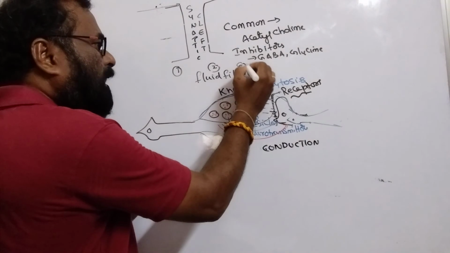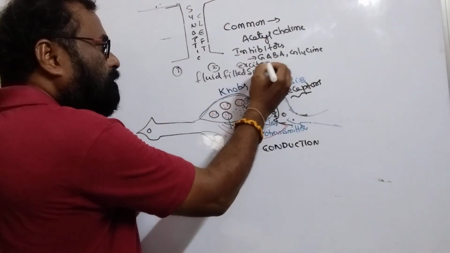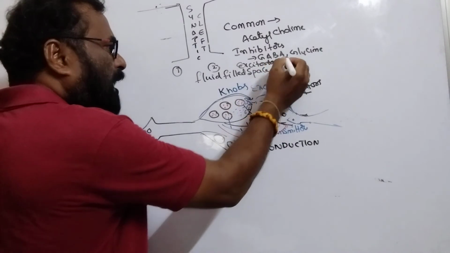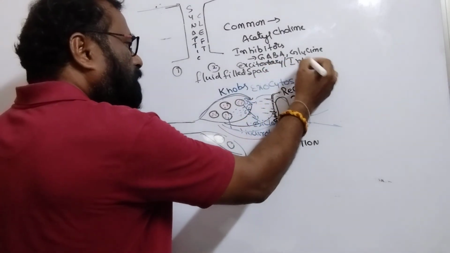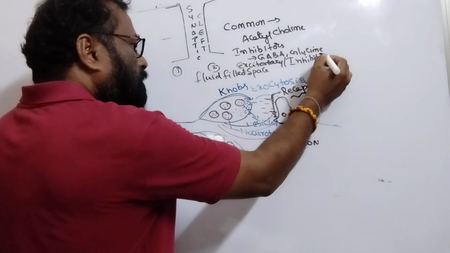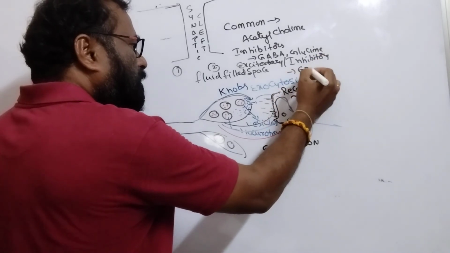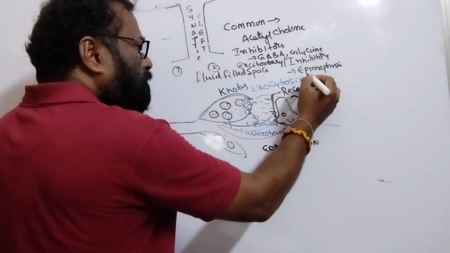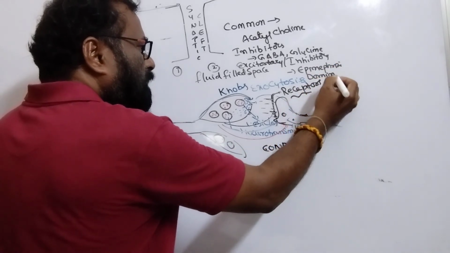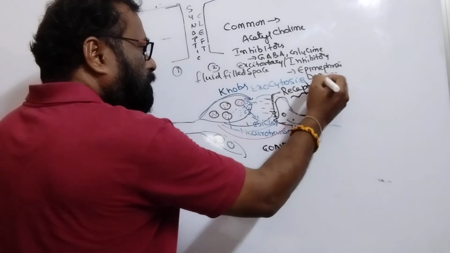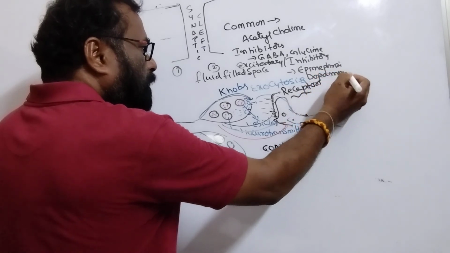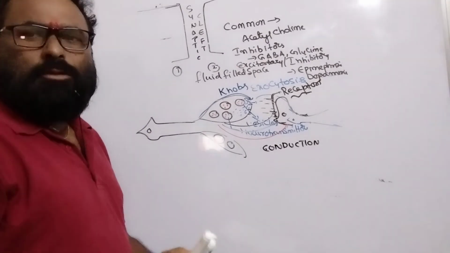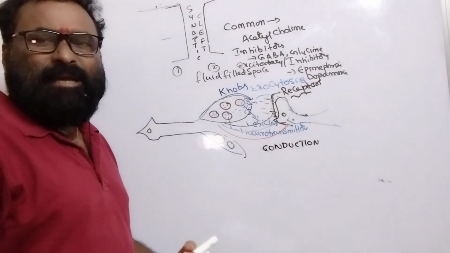Epinephrine, dopamine and serotonin are the neurohormones meant for both inhibitory and excitatory action.